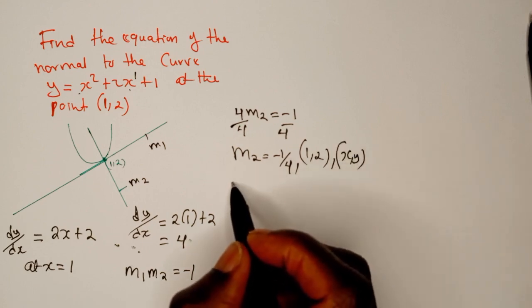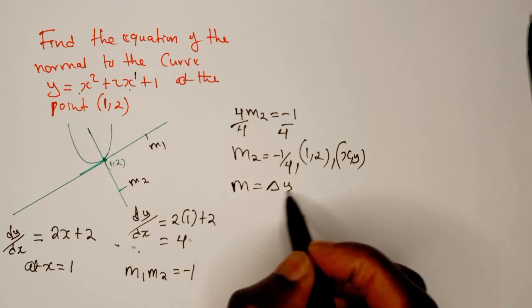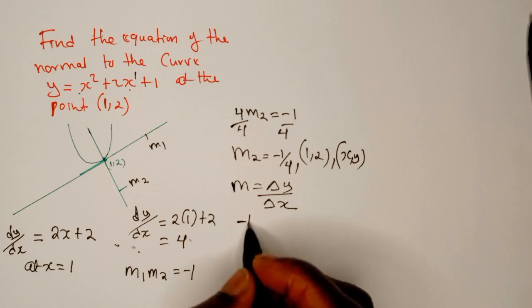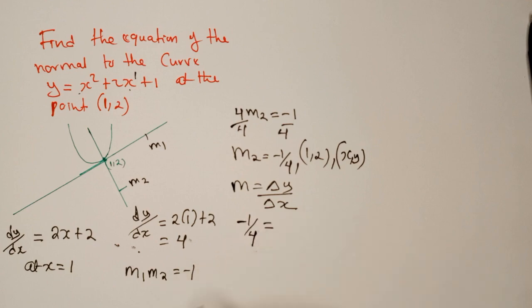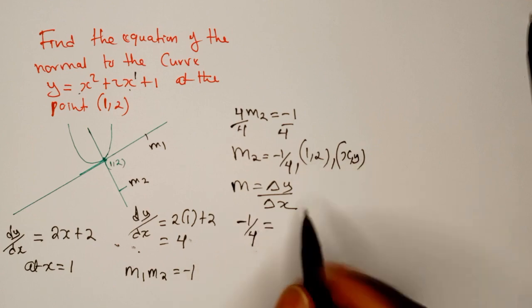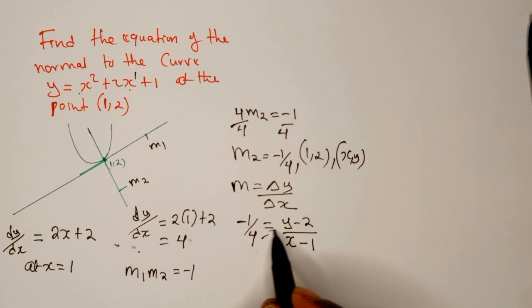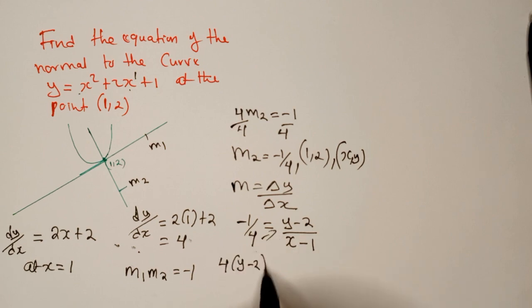So we're now going to say gradient is change in y over change in x. So this time our gradient is -1 over 4 is equal to, so we start with y, so it will be (y minus 2) over (x minus 1). So cross multiply this one, so this will be 4 into (y minus 2) is equal to -1 into (x minus 1).